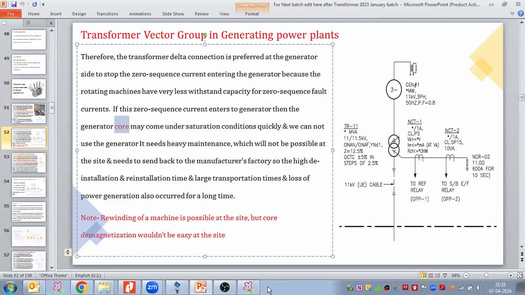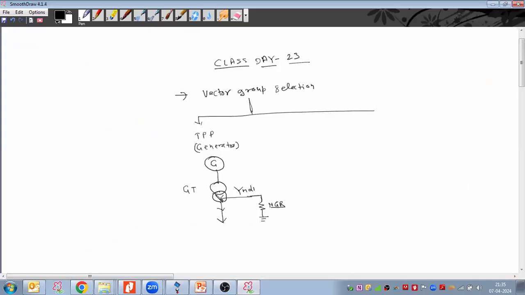So in order to protect the generator core by limiting this line to ground fault current, we are using NGR here. So NGR basically limits the line to ground fault current, but why are they limiting this? Because they want to protect the generator core against a high amount of line to ground fault current.